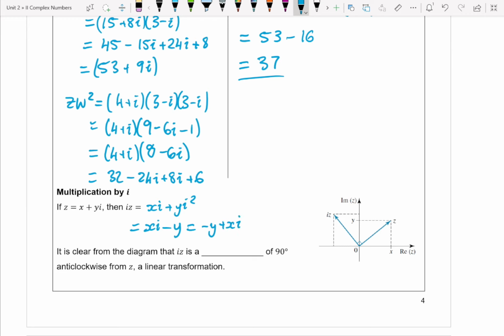So what we notice about this is that it's transformed the line to be 90 degrees to where it started. So we've just been doing matrix transformation, so it's kind of like a rotation of 90 degrees multiplying by i. So it's clear from the diagram that iz is a rotation of 90 degrees anti-clockwise from z, which is a linear transformation.